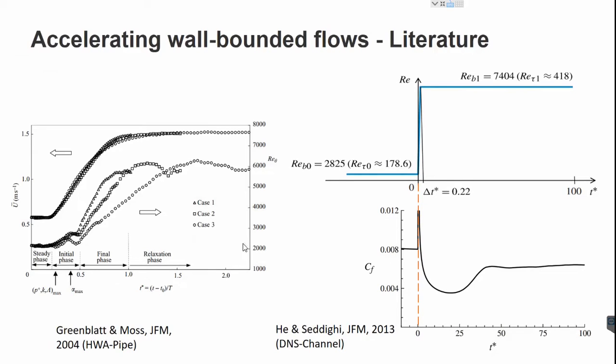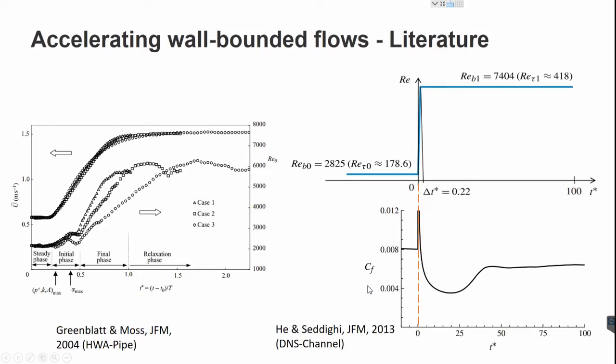So they tried to determine which are the unsteady physics of accelerating flows. Greenblatt and Moss determined that unsteady flows have 3 unsteady phases, which are called the initial, the final, and the relaxation phase. On the other hand, He and Seddighi, in 2013, ran a DNS of a turbulent channel flow.